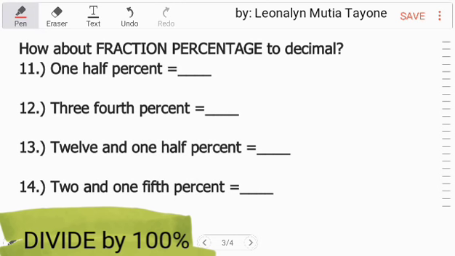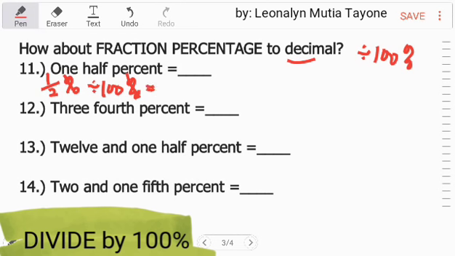Okay. Number 11, 1/2%. Again, paano nga tayo mag-convert to decimal or para ma-cancel out yung percent sign, mag-divide tayo ng 100%. So, bali itong 1/2%, mag-divide tayo ng 100% para ma-cancel out si percentage sign.